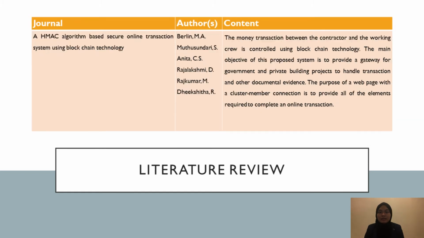The second one is a journal entitled A HMAC Algorithm Based Secure Online Transaction System Using Blockchain Technology. From this paper, I mainly focus on the flowchart that they have used in their system. The flowchart of this system is mainly the one that I have used as a guideline.